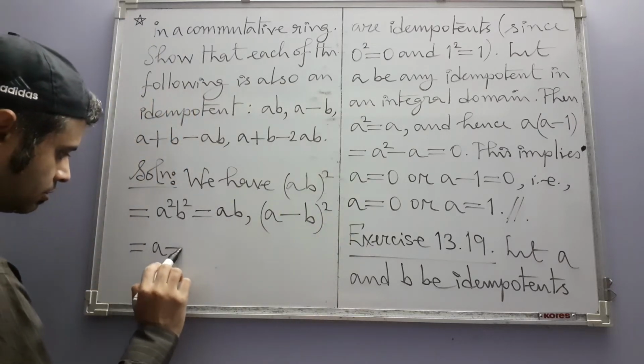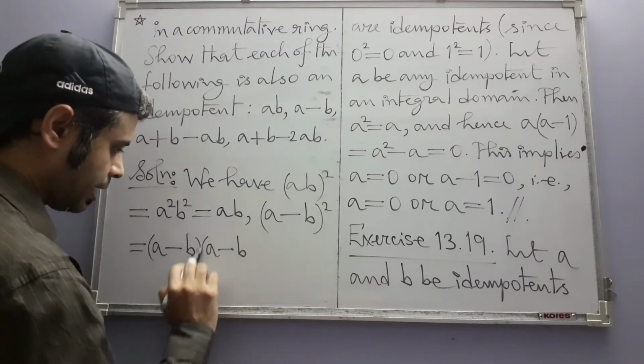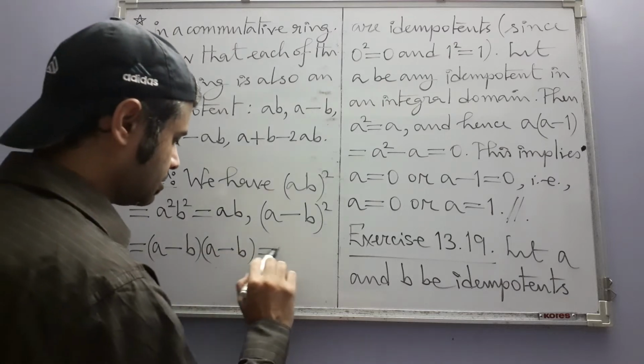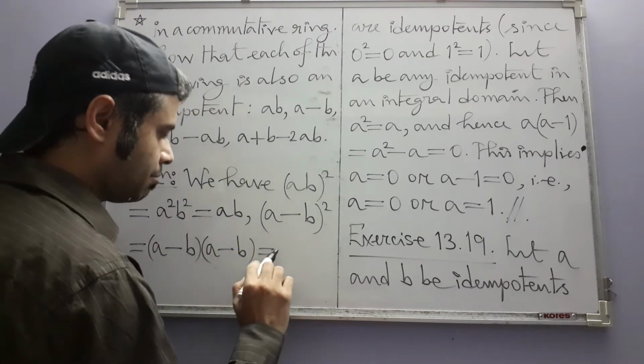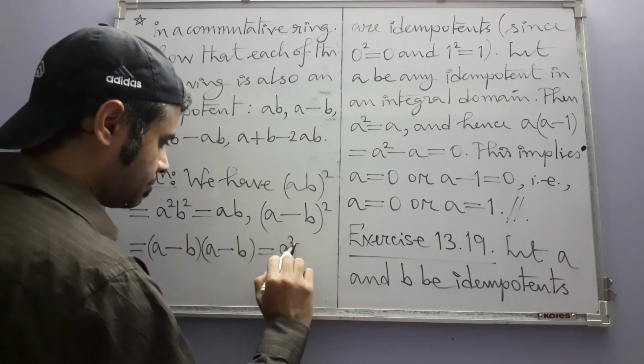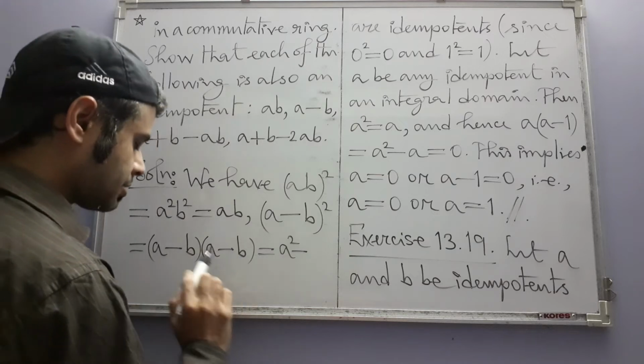This is A minus B times A minus B. Write like this so that we don't make a mistake while expanding this. We just simply multiply the terms out. A square minus A square minus AB.